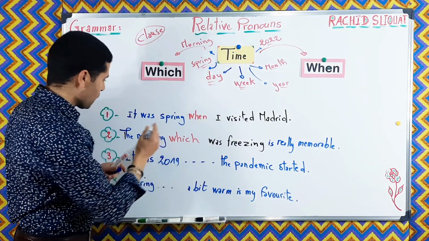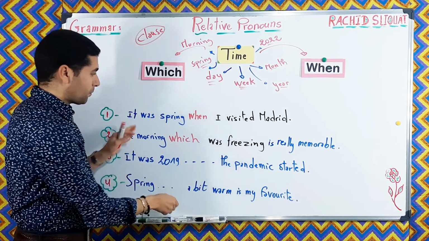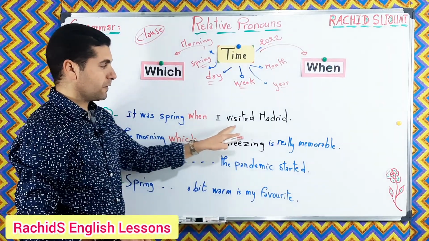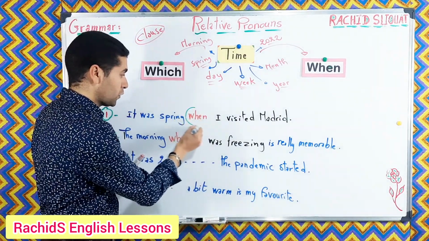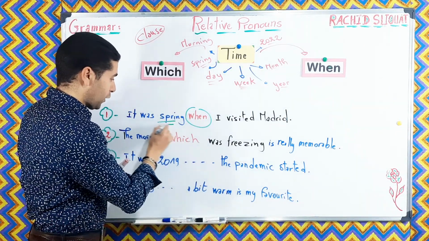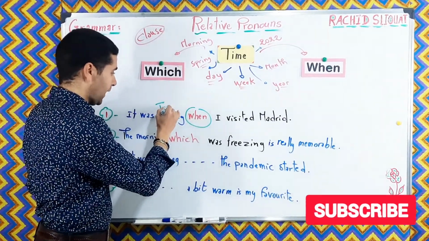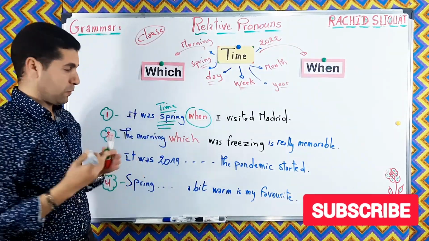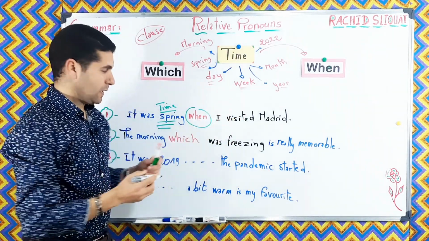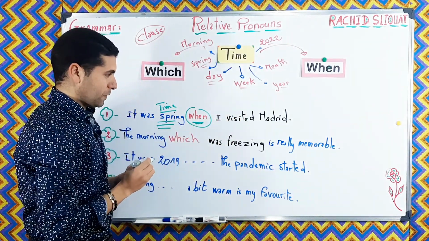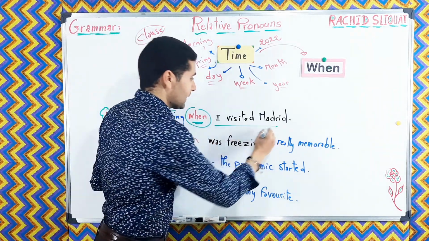Number one: it was spring when I visited Madrid. Here we have the relative pronoun when and we have spring, which has to do with time. We used when because we are talking about something that we did.